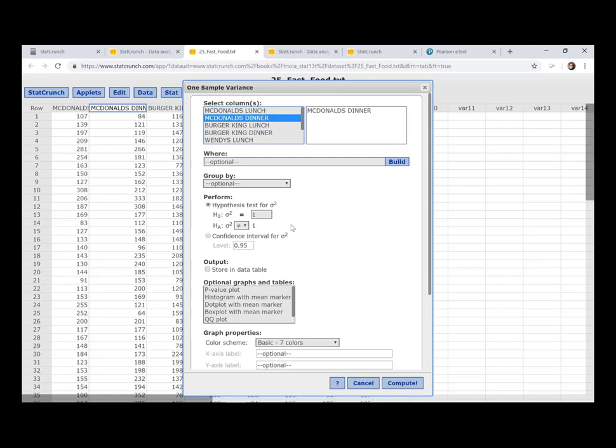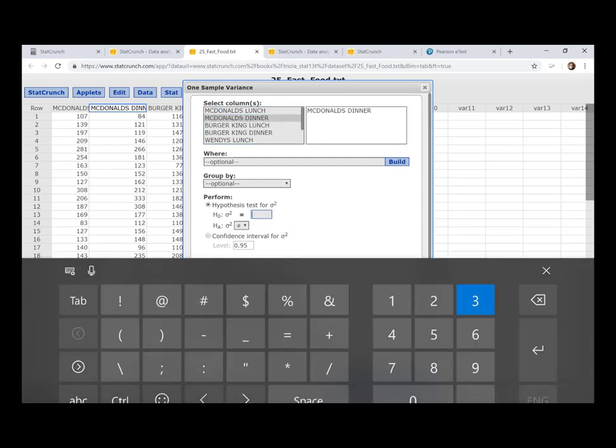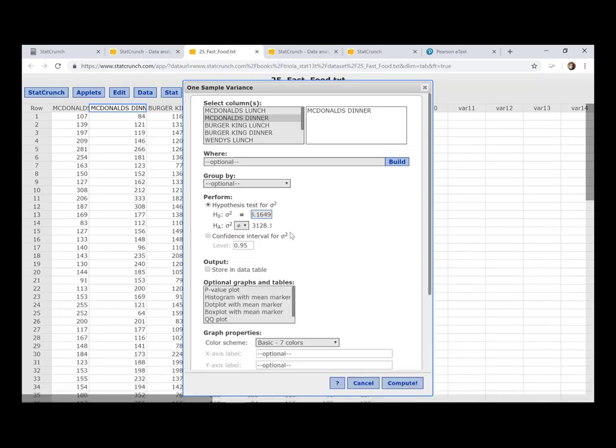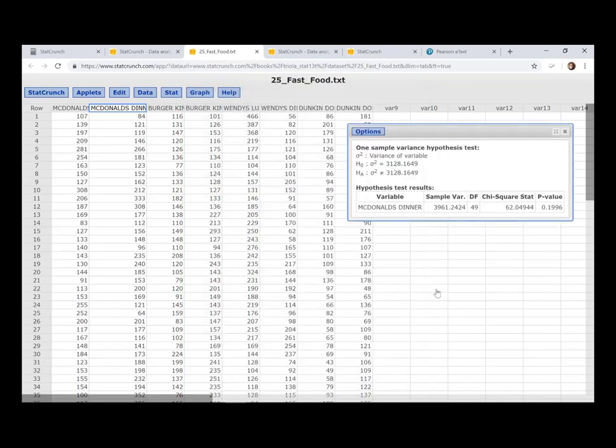So we want to put in 3,128.1649. Okay, and it says test the claim that they have the same variation. That just means it's either equal or not equal to, so we're good on our alternative hypothesis. So let's go ahead and compute and see what we get.